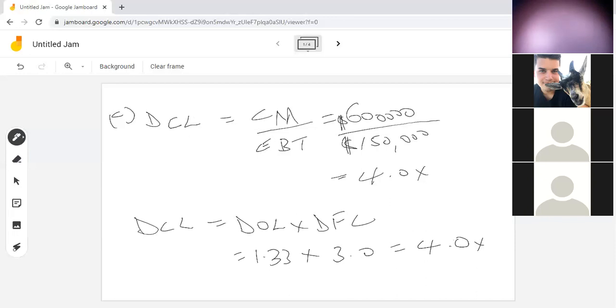So what do we get out of this? A 20% increase in sales will increase earnings per share by 20% times 4, so let's just write it here.